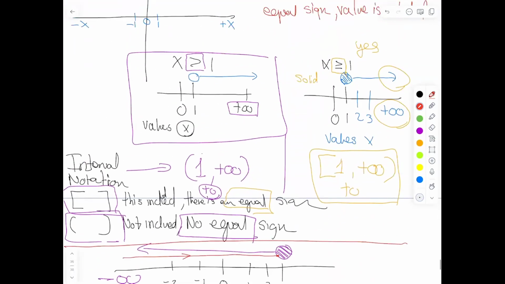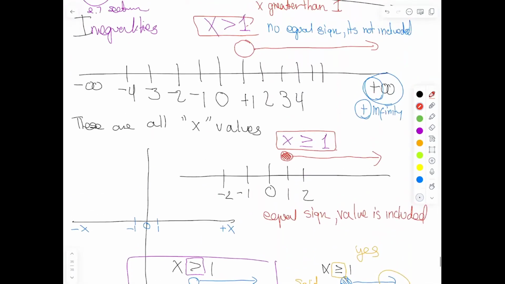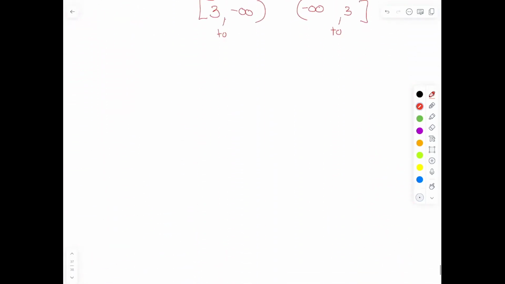So now that we understand the number line and have examples of it, let me give you an example. -3, -2, -1, 1, 2, 3.